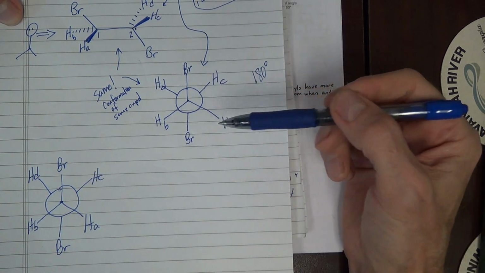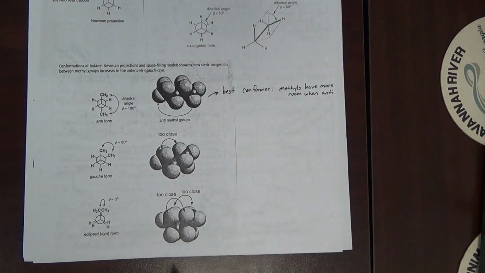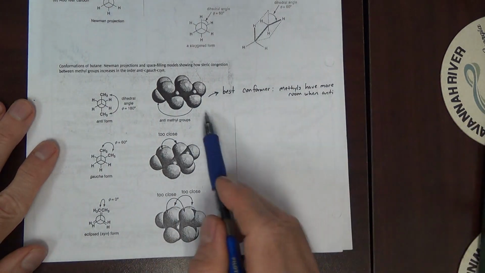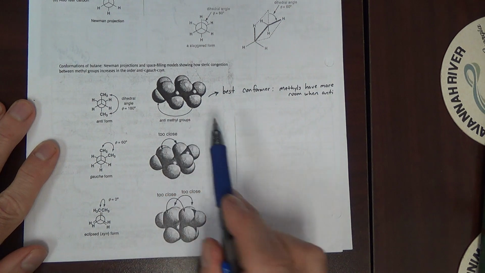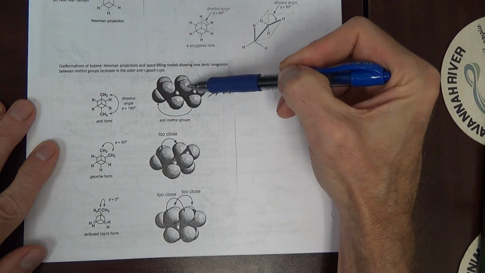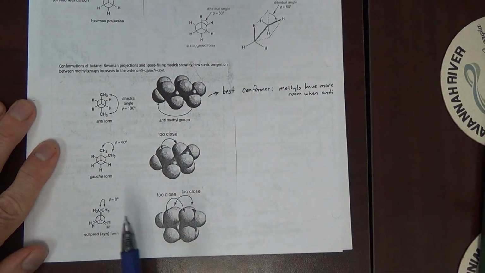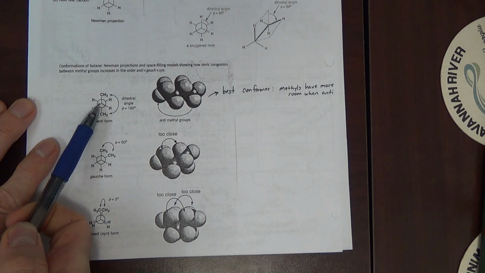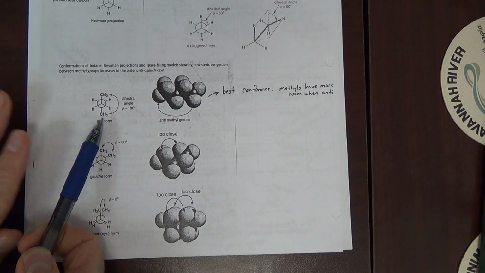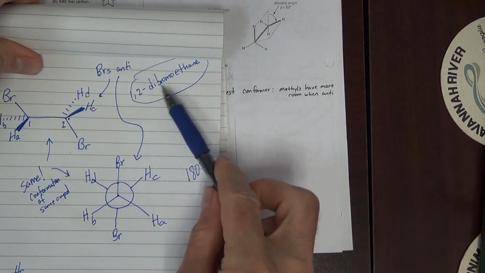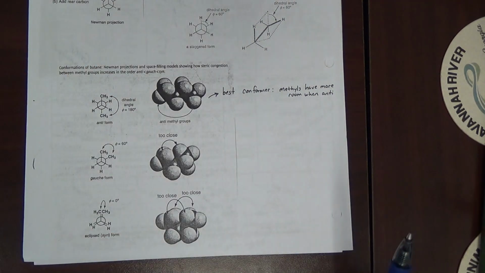And anti is actually good. It's the best because the groups have more room, if you can see it in these space-filling models. Now in this example, the two groups are methyl groups, making it a total of 4 carbons and making it butane instead of 1,2-dibromoethane.